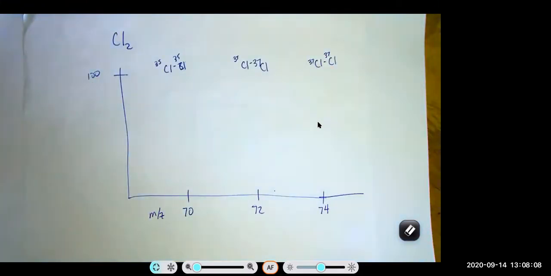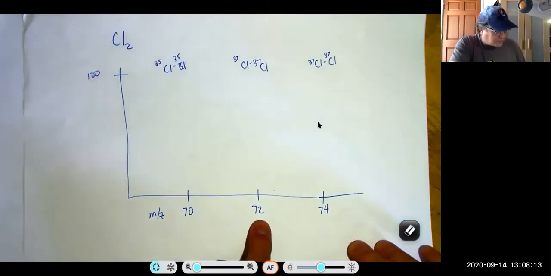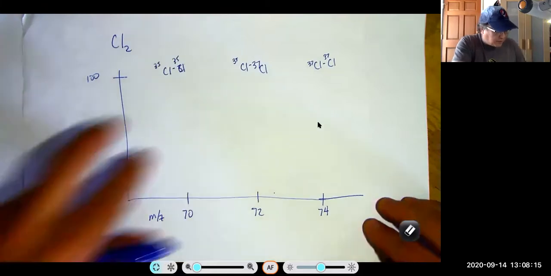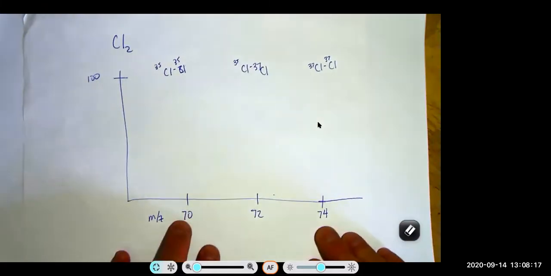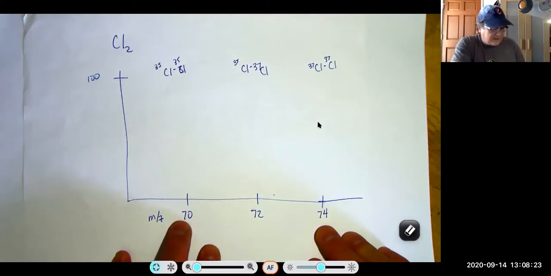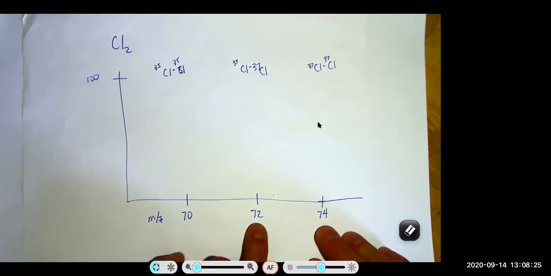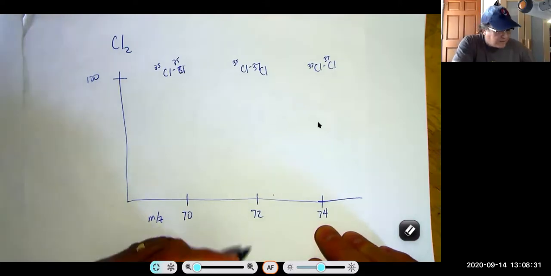No? You didn't think this? So Jessica, what's different than what we have here? I think the center one should be 35, 37, but two of them with a 144.